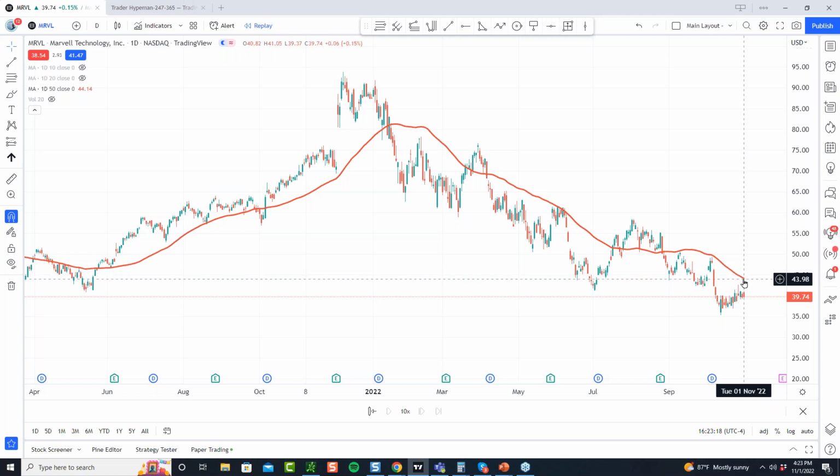The way it works, if you're not familiar with it, is fairly simple. It takes an average close price over a specific time, and I set the time. In this instance, it's 50. It's a rolling average, okay? So it takes the last 50 days, adds them up, divides by 50, and gives me an average price.